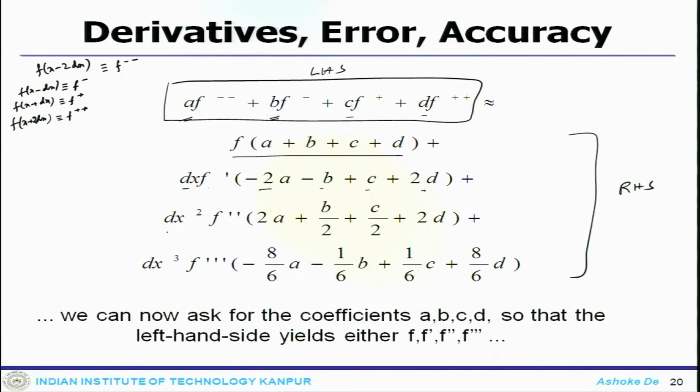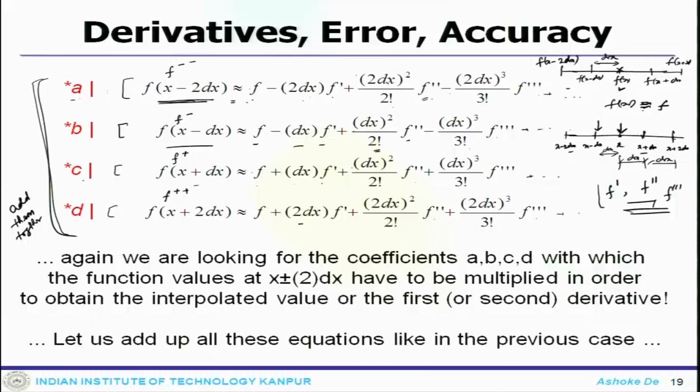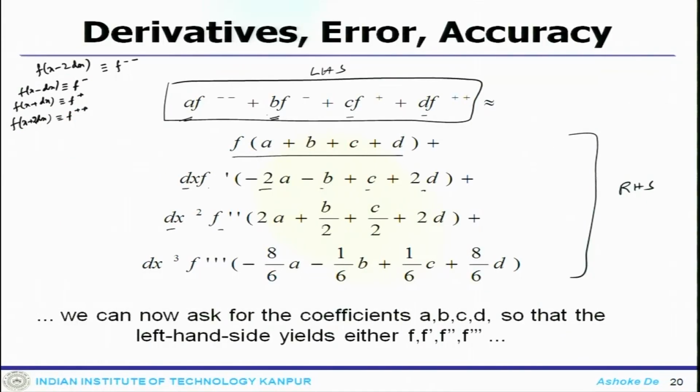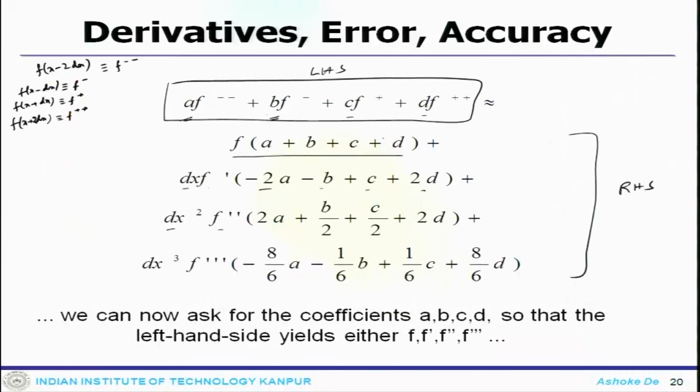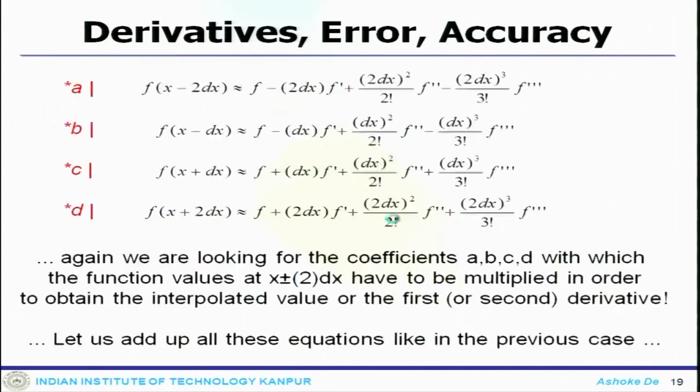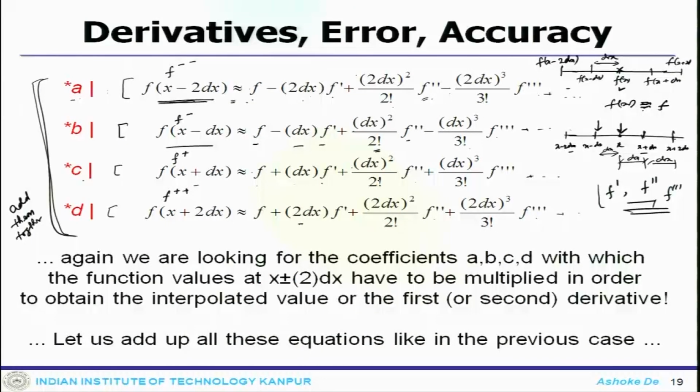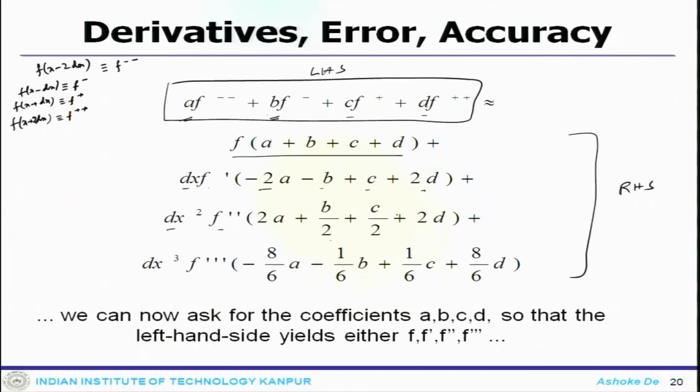You collect them together: dx squared f double prime times 2a, because you get 4 divided by 2, so 2a, plus b by 2, since dx squared is outside with 1 by factorial 2. So b by 2, in the third case also c by 2, and in the fourth case 4 by 2, which is 2d. So you get 2a, b by 2, c by 2, 2d.